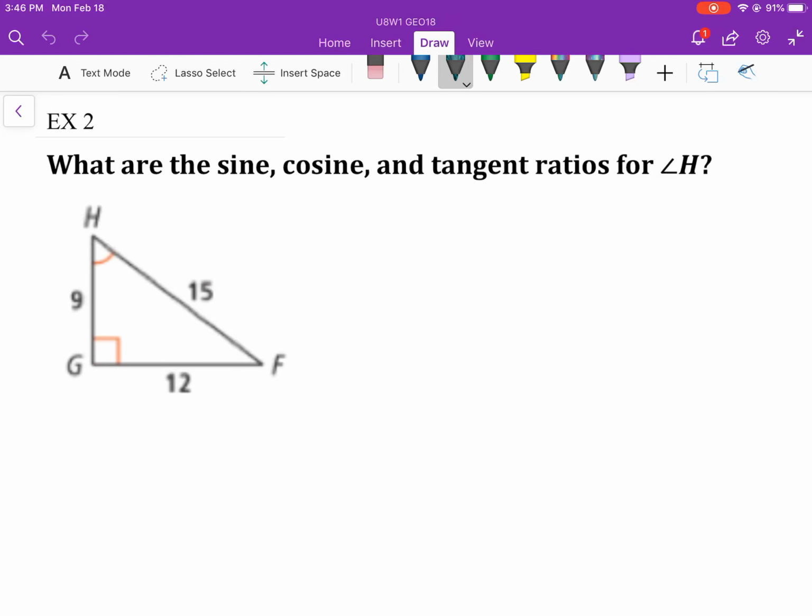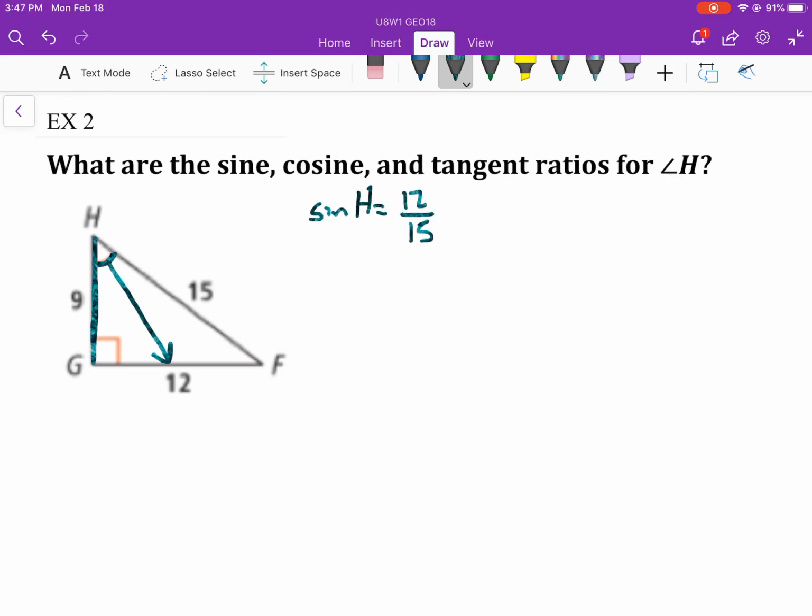What are the sine, cosine, and tangent ratios for h? So we're using h. I invite you to do this every time. Label the angle you're using, draw an arrow, and label the adjacent side. Just keep it straight. So sine is equal to opposite over hypotenuse. So 12 over 15. Cosine, we do have to put an h in there.